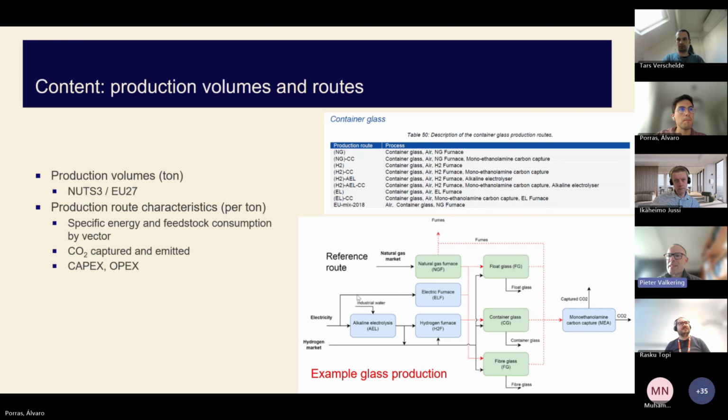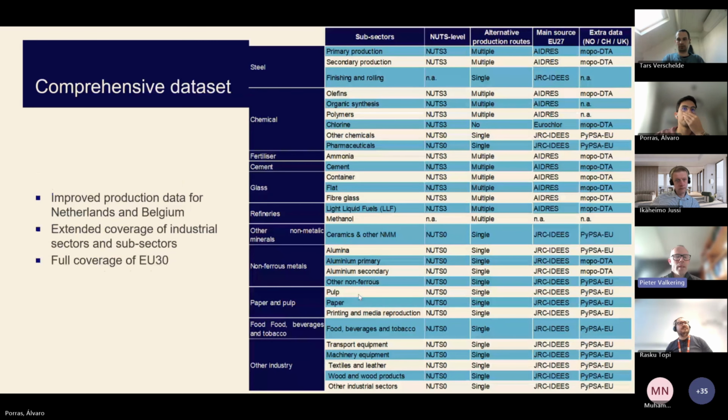So if you go to the next slide, what we did under Mopo, and what's now the overall data set, is that we focused a lot on creating a comprehensive data set. Whereas the original data focused on only the most energy intensive sectors, for energy modeling, it's important to have a full system coverage.